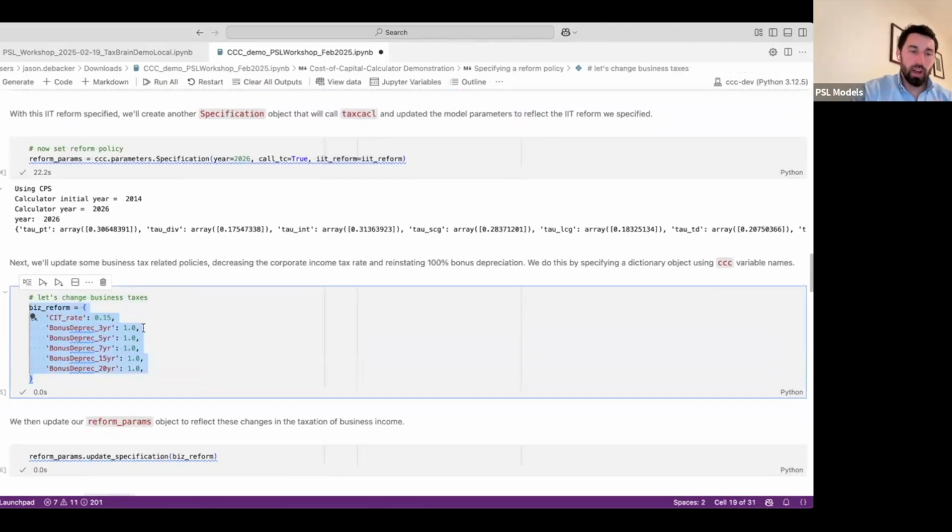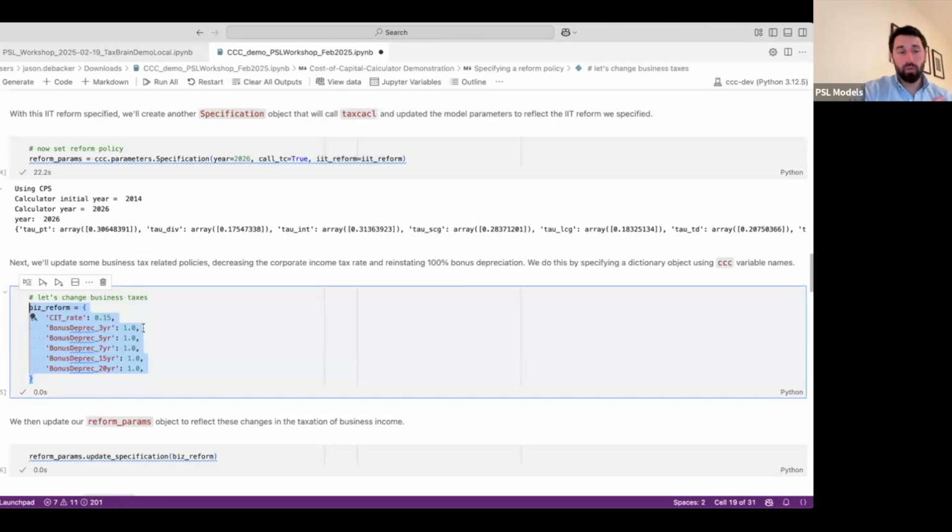ccc.pslmodels.org, we've got the documentation for cost of capital calculator. It has these examples of changing these different reform options. And so you can see again how this is formatted. We've got one example here, but you can see the full list of parameters in the documentation.